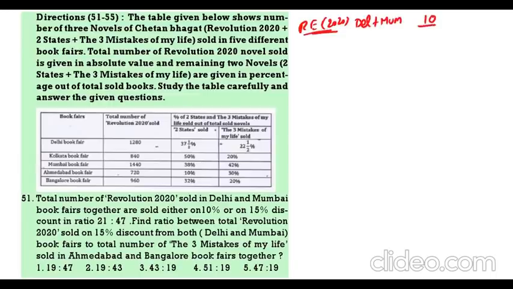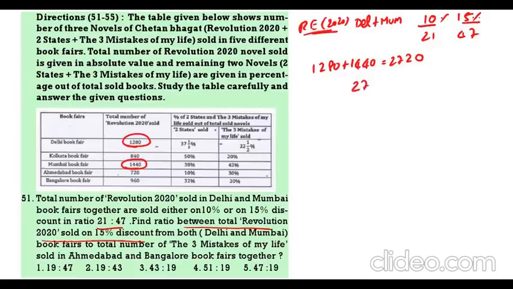There is 10% discount and 15% discount, in the ratio of 21:47. Delhi it is 1280, then Mumbai it is 1440. So 1280 plus 1440 gives 2720. We want Revolution sold in 15% discount. So 2720 into 47 by 68. This is 40. 47 into 40, that is 1880. This is one value.